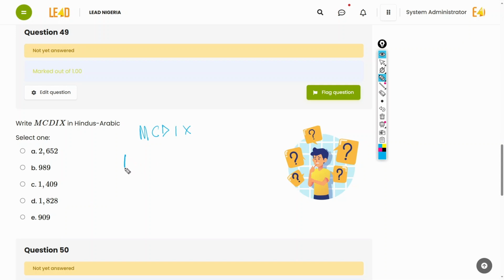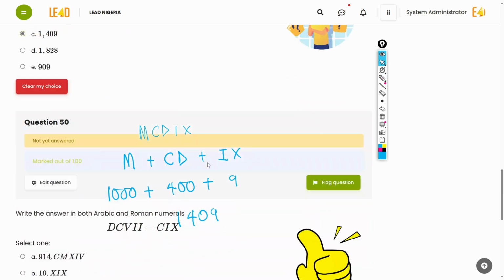We'll split it as M plus CD plus IX. So this is 1000, plus CD is 400, plus IX is 9. So it's 1409. That's option C.